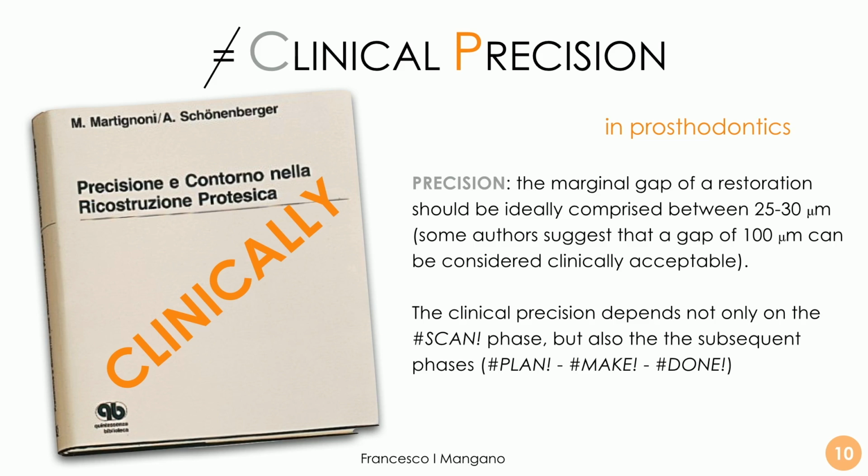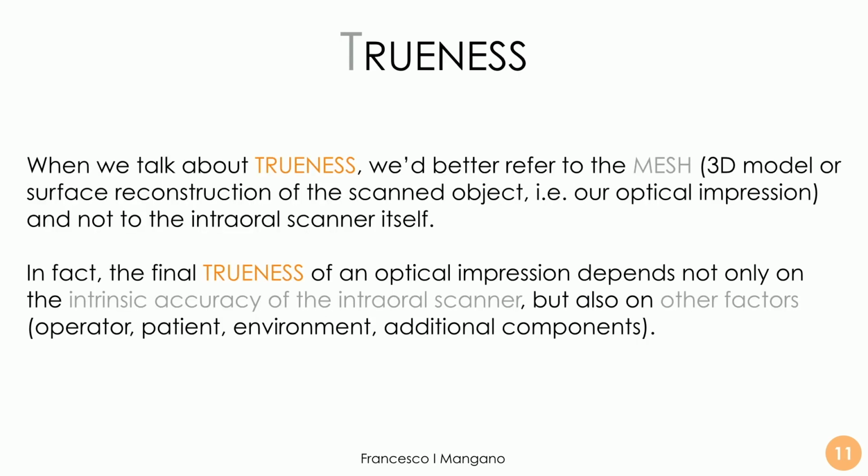We need to consider that our definition of trueness and precision related to the scans, related to the scanner, has nothing to do with the final clinical precision, because the final clinical precision depends on more factors at different levels of the workflow. So it's very important to consider this.